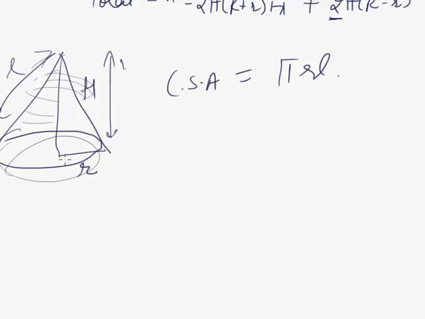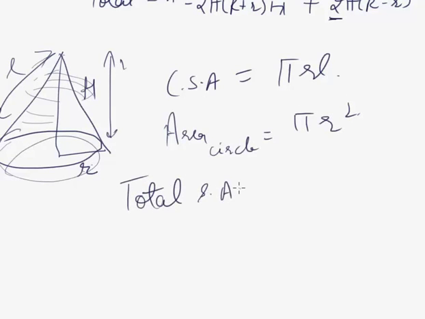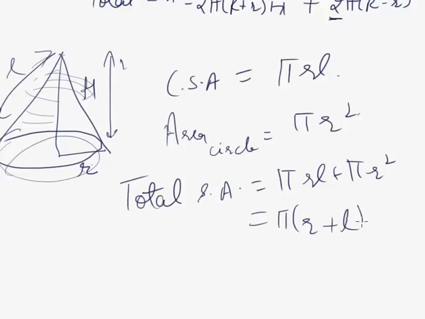Now the area of this circular part, with radius r, is the area of a circle, pi r square. So for the total surface area, it will be pi rl plus pi r square square units, that is pi r into (l plus r).